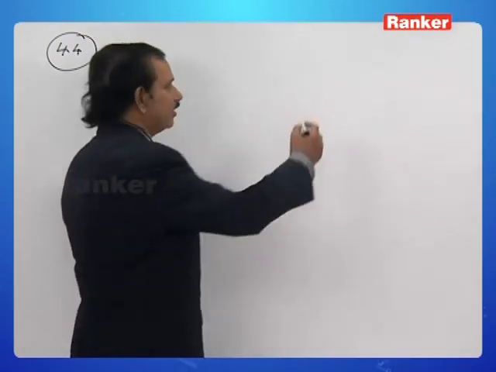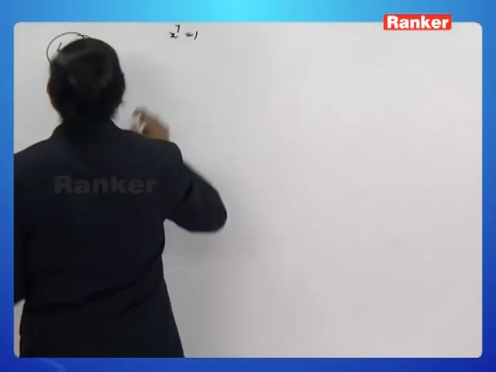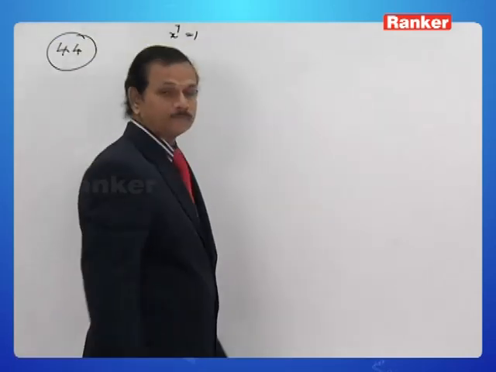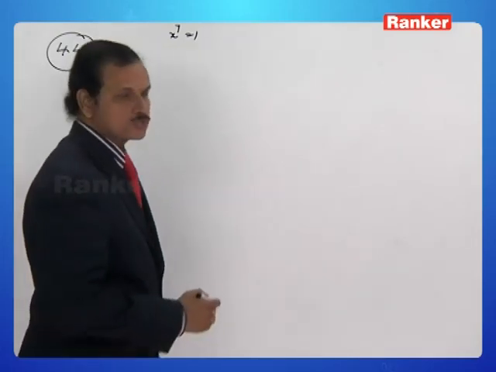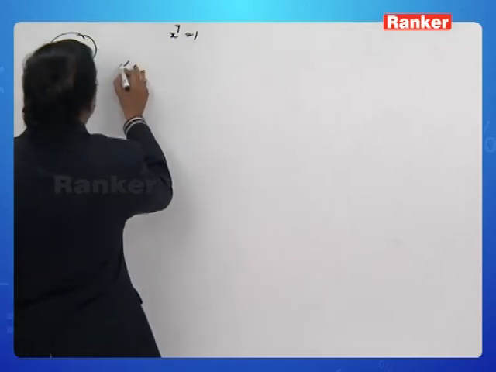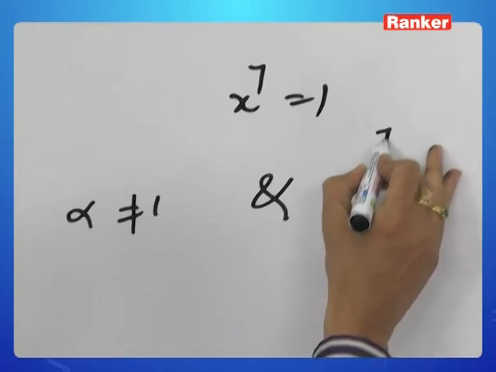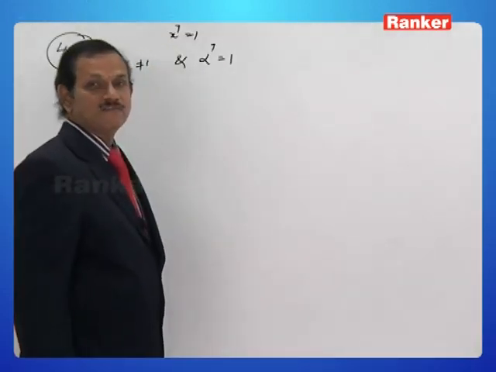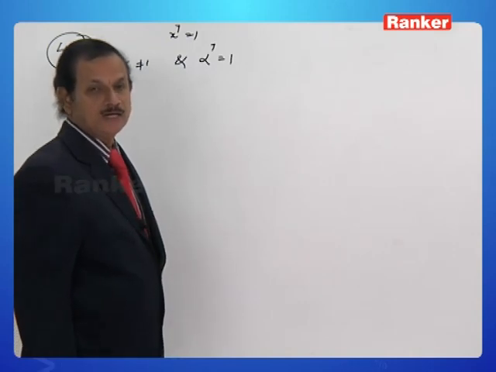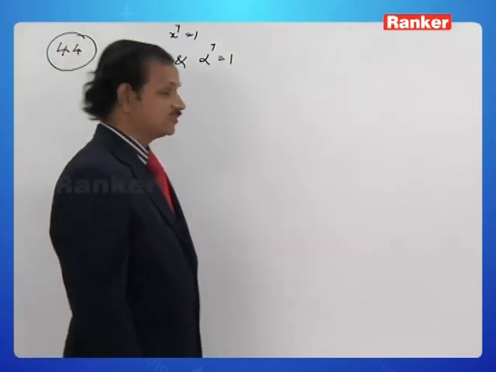What is the given equation first of all? X power 7 is equal to 1. He is saying that alpha is a non-real root, which implies alpha is not equal to 1 and alpha power 7 is equal to 1. Of course, as alpha is the root of the equation, alpha power 7 must be 1.